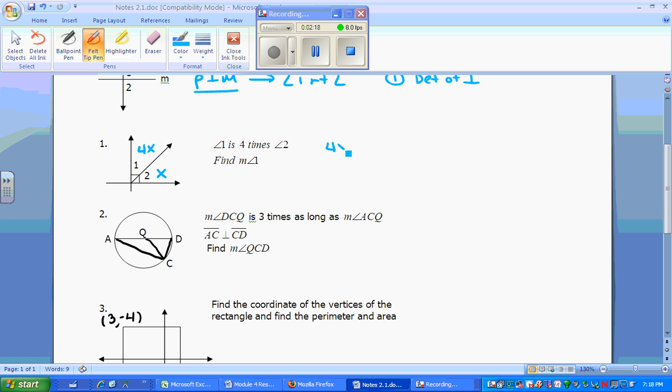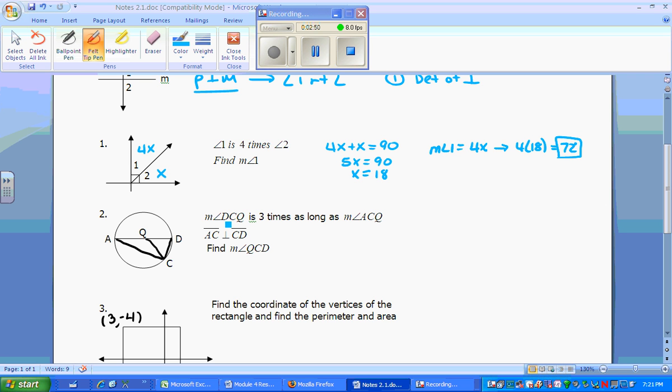So we can say 4x plus x, set it equal to 90 because it's 90 degrees. 5x is equal to 90. So we notice that x is equal to 18. We want to plug it in to find the measure of angle 1, which is 4x. So 4 times 18 gives me the answer of 72 degrees.